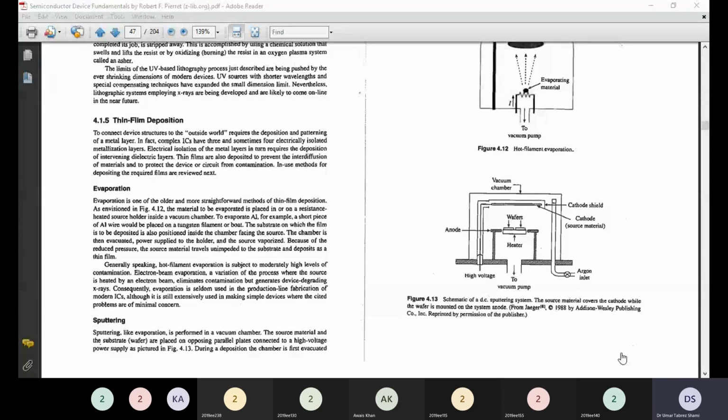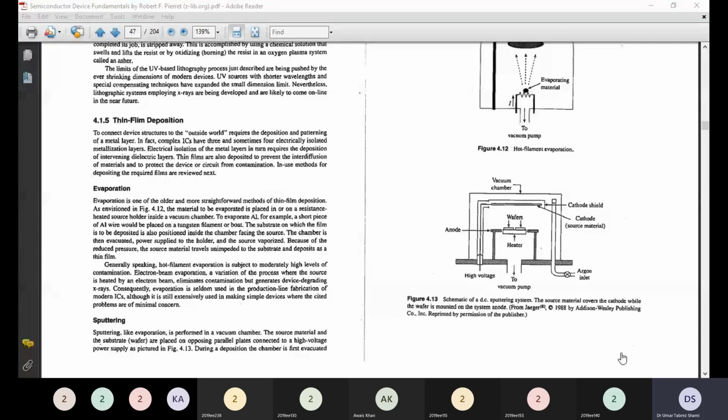Because of the reduced pressure, the source material travels unimpeded to the substrate and deposits as a thin film. Generally speaking, hot filament evaporation is subject to a moderately high level of contamination. Electron beam evaporation, a variation of the process where the source is heated by an electron beam, eliminates contamination but generates device-degrading X-rays.